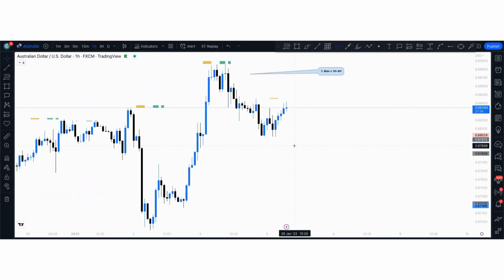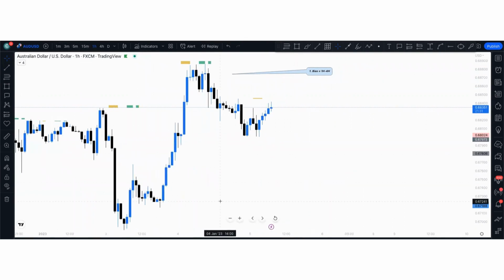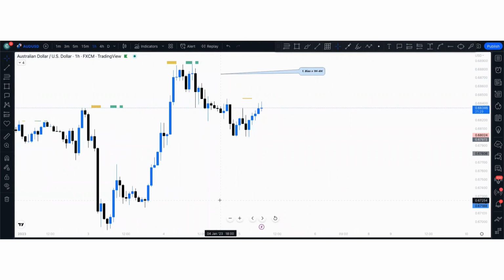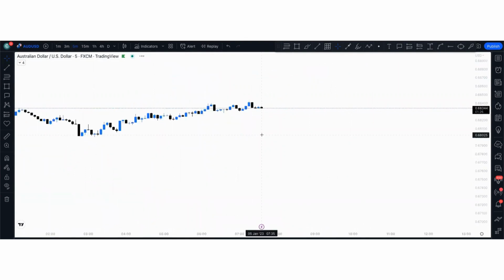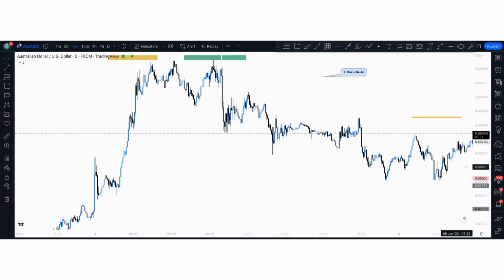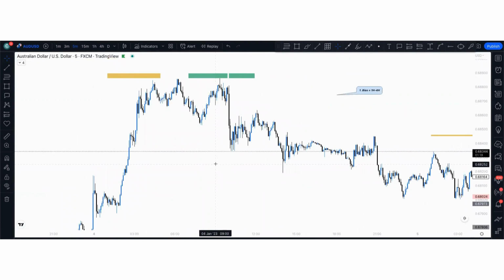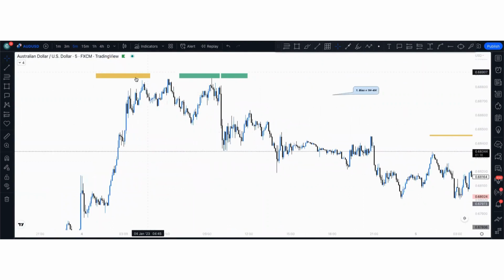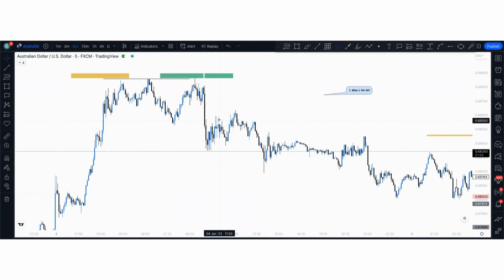Since it's in bullish momentum, we want to see the moves of the price on the lower time frame. As you can see here, the equal high has been taken, it wicked above it, and then this is for me a strong change of character.